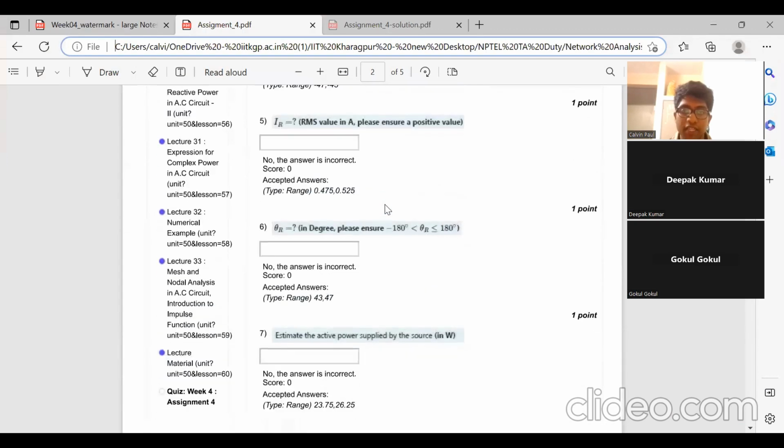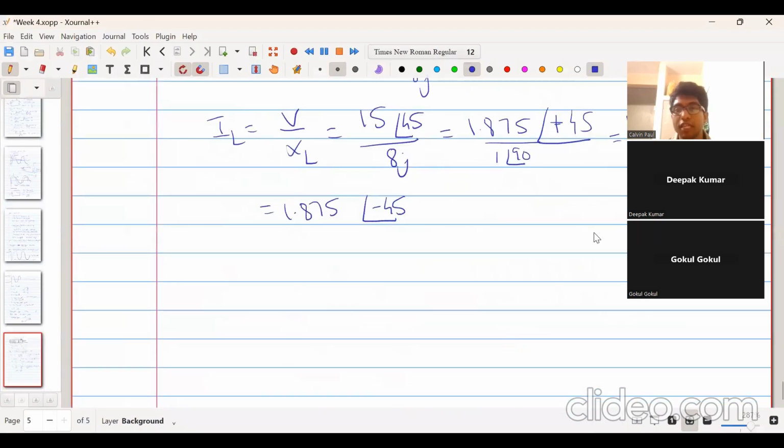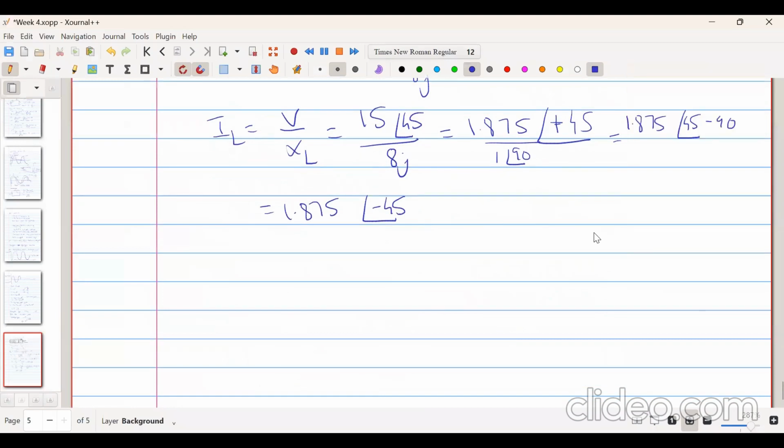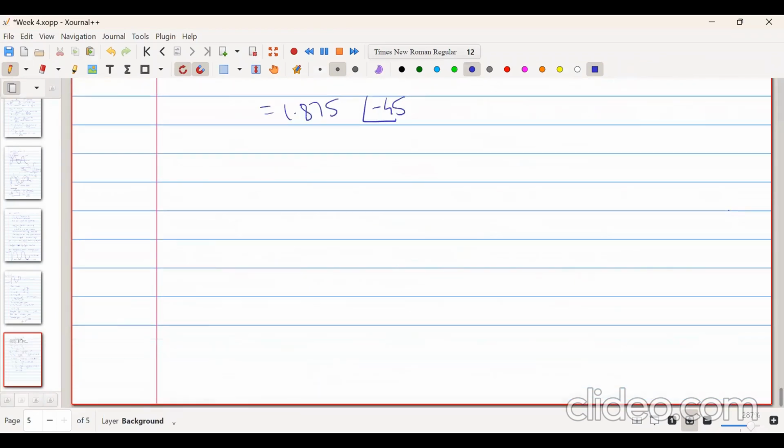Then they are telling us to find the active power supplied by the source and the reactive power supplied by the source. Before that, we will draw the phasor diagram. They told us that the voltage is 50 angle 45, so it is at an angle of 45 degrees. Let us assume this is 0. This is the voltage source 50 at an angle of 45. This is the voltage V at the node, which is 15 angle 45.